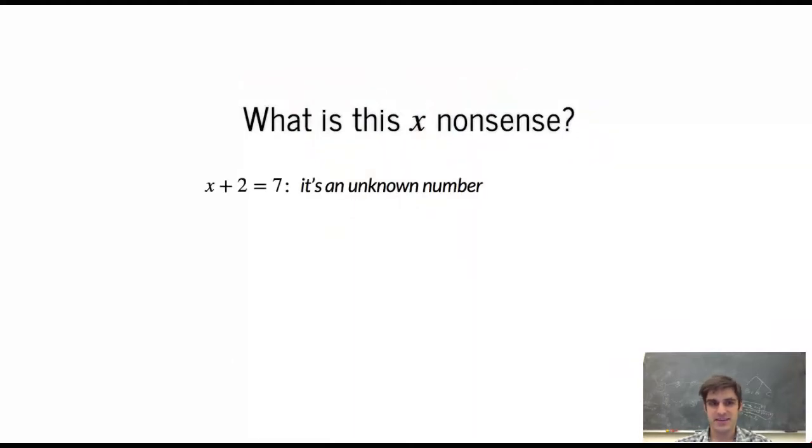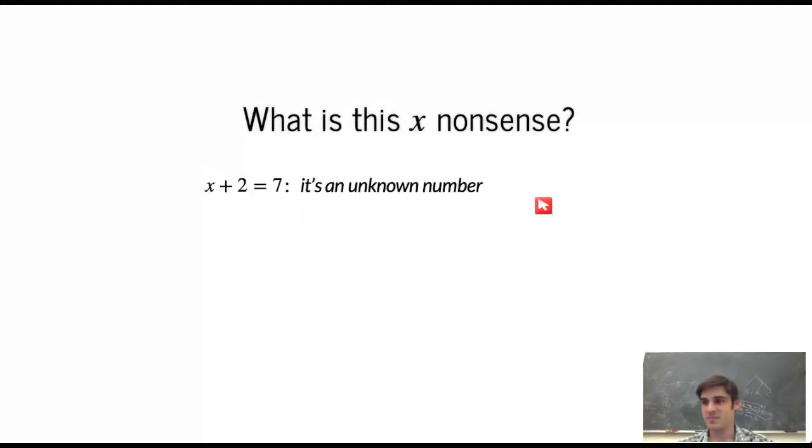We can think of it as being an unknown number. So here we have a very simple equation, x + 2 = 7. And here x is actually standing in for 5. We don't know that a priori when we write down this equation. We can just implicitly say what x is by having it be a solution to this equation.